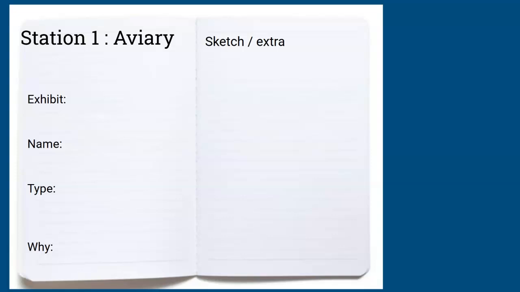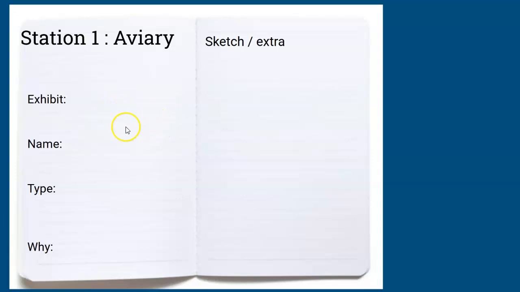So each station is going to be set up like this. I'm going to rotate through them, and then I'm going to leave it to your group leaders to tell you how to set up your notebook, whether you start with station 1 or you start with the station you're on. I don't care. It's up to them, right? Station 1, Avery. You're going to write exhibit. This is like, if I'm in the Avery, is it the owl?